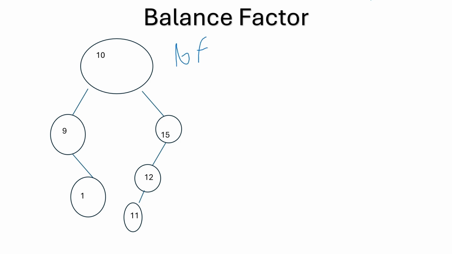So the balance factor equals 3, which is the height of the right subtree of the root, and the left child has a height of 2. So the root node is balanced.